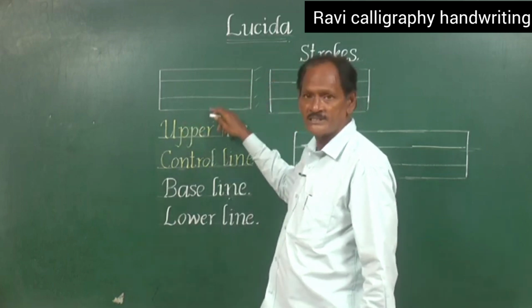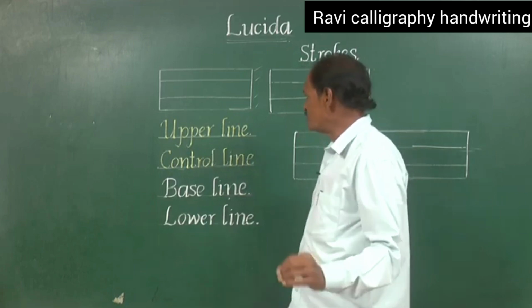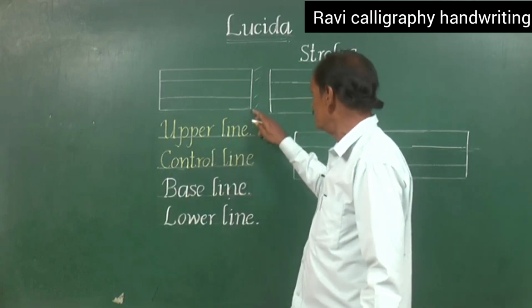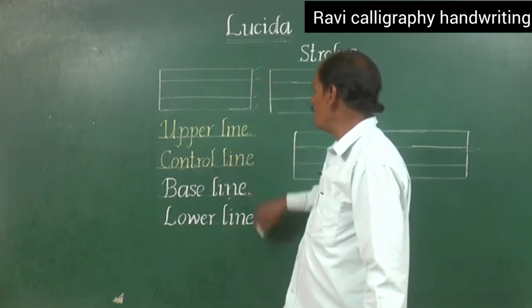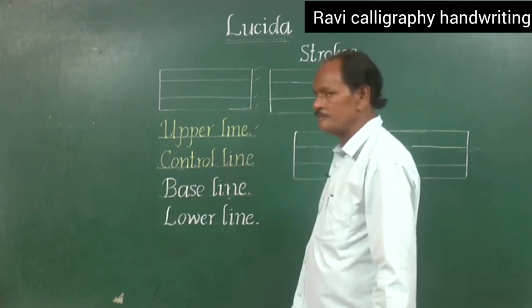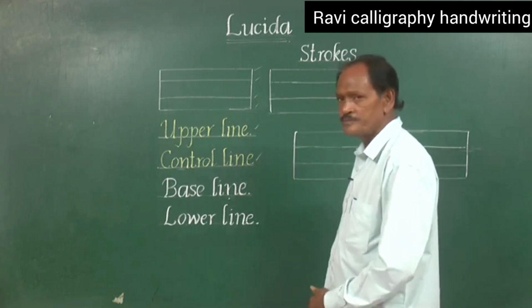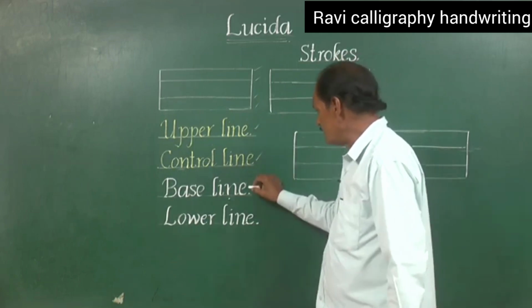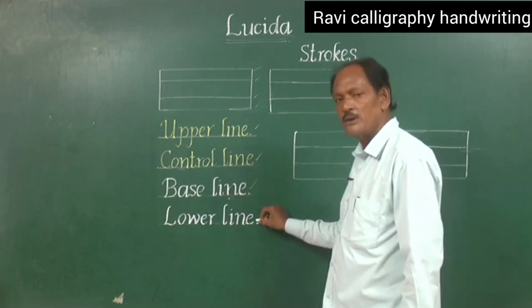Actually, this topic was discussed yesterday; this is just a small revision. These 4 lines have 4 different names. One is the upper line, the second line is the control line, the third line is the base line, and the fourth line is the lower line.